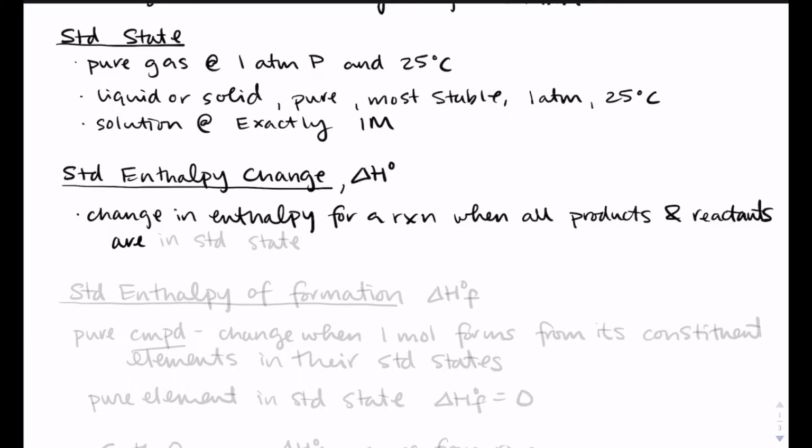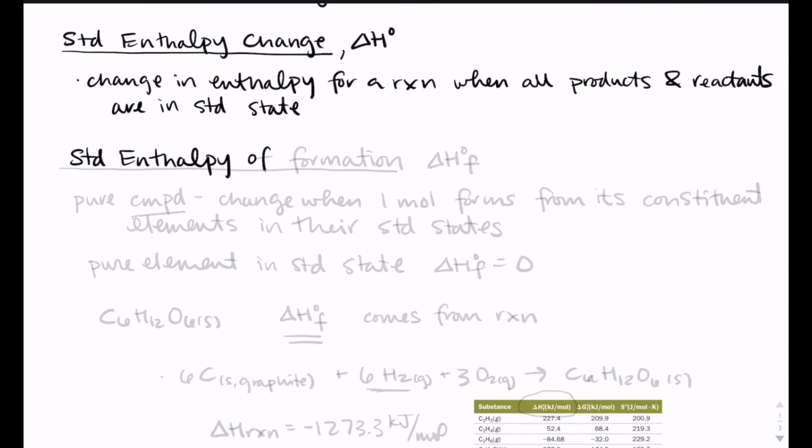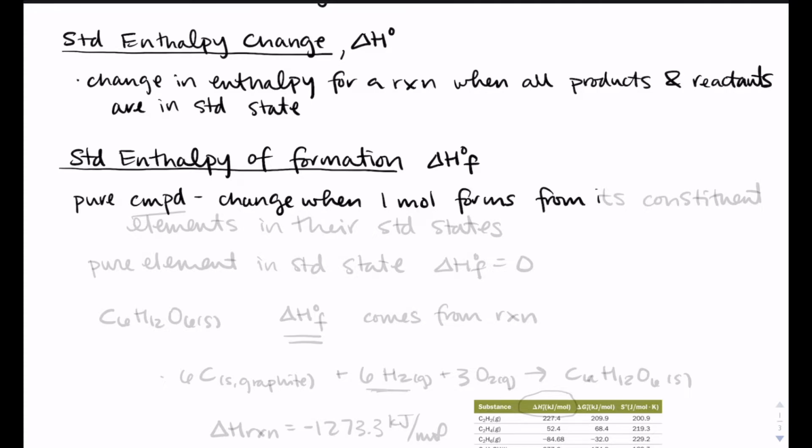The standard enthalpy of formation, delta H, little circle, and an F. This is if you have a pure compound and you have a reaction written where that pure compound is the product and the reactants are the elements in that product but in their standard states, then the enthalpy of formation for that reaction is only the enthalpy of the compound.